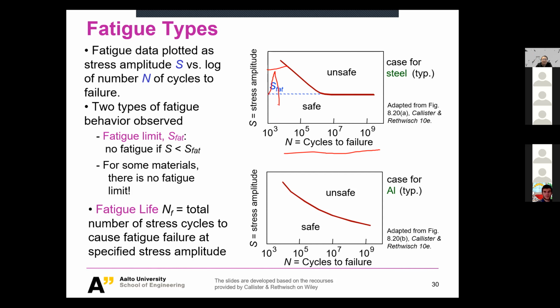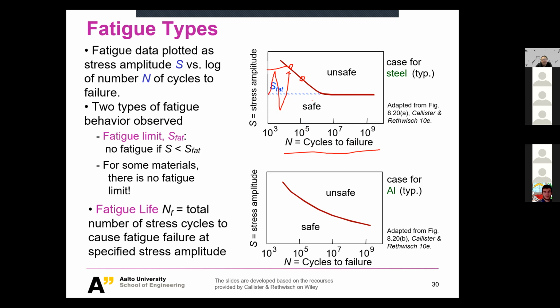I can only draw a few, maybe only one, but you can imagine in real time, you're going to have something like tens of thousands of cycles, and boom, your material got failed, and then you get 1 point. For this kind of stress amplitude, my fatigue life is tens of thousands. And then you go to a smaller stress amplitude, you repeat your tests, and you record the fatigue life when your material failed, and so on.